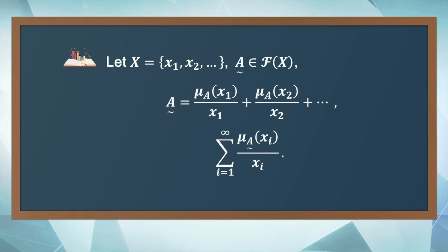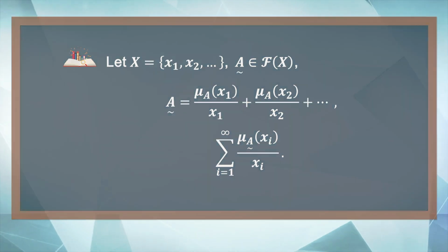The fuzzy set A equals the summation i equals 1 to infinity mu sub A of xi over xi. Also, it should be noted that the capital sigma does not indicate addition or the arithmetic sum.